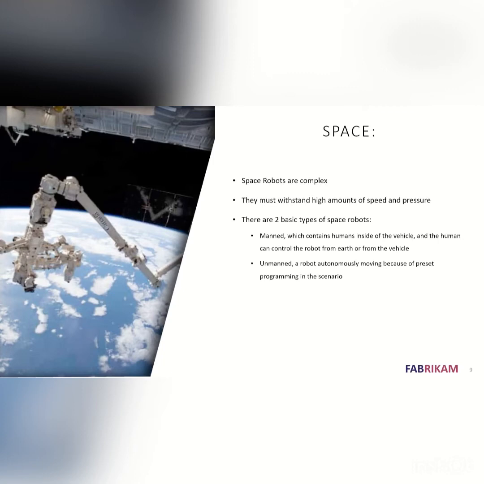Or unmanned, a robot autonomously moving because of preset programming in the scenario. Manned and unmanned are kind of general terms. I would say they're more teleop and autonomous. So you can say manned is teleop because somebody's controlling it, and unmanned is not teleop.